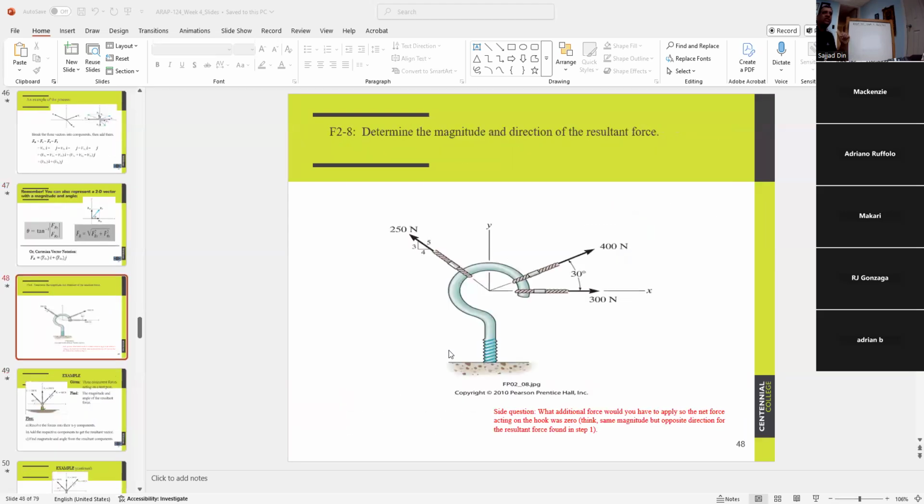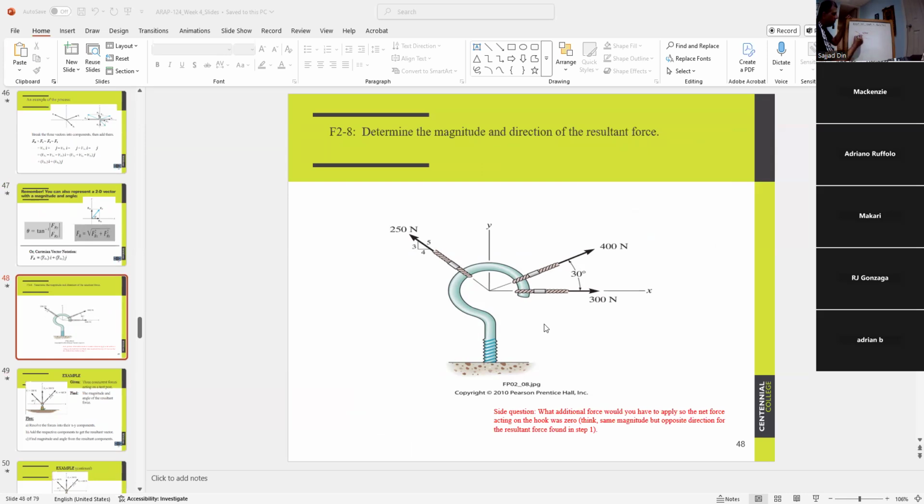So let's now work on this example here. I'm going to first work with the first one. That's 250 newtons.